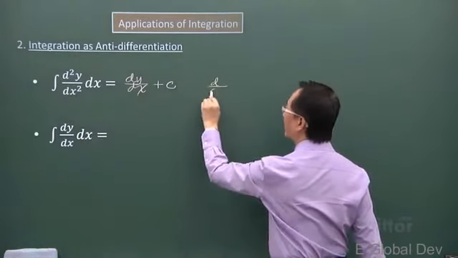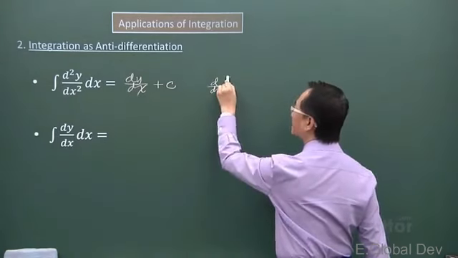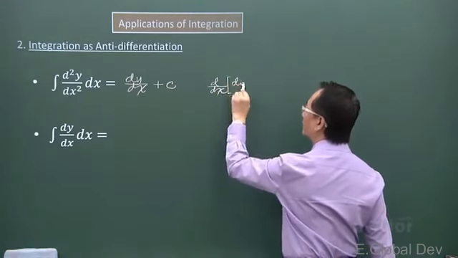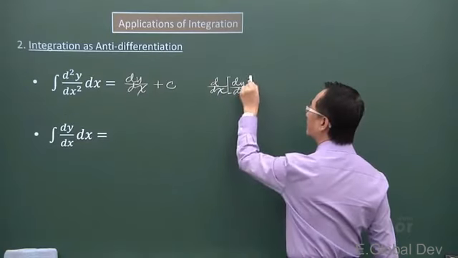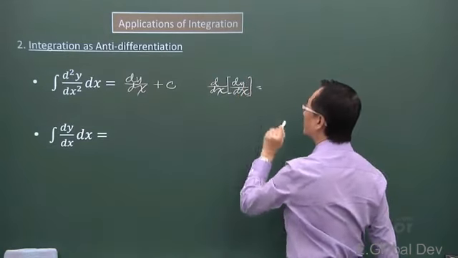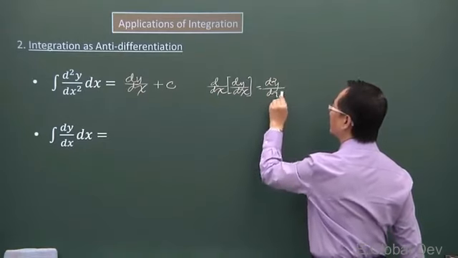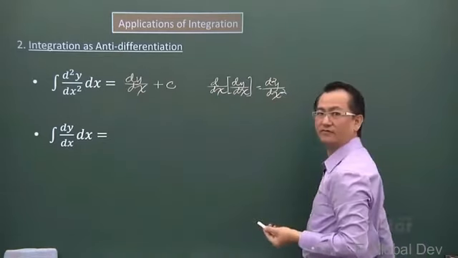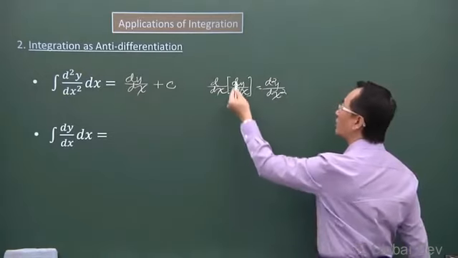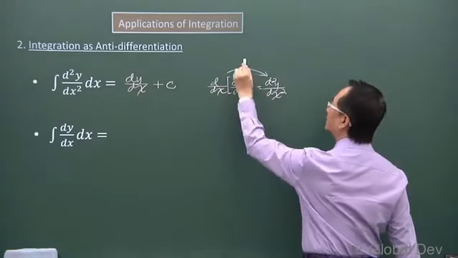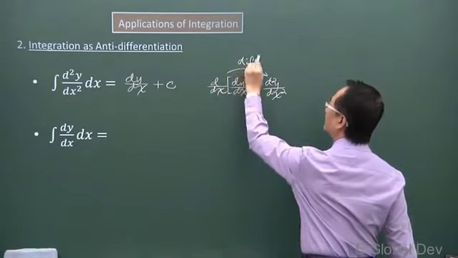If I just differentiate with respect to x of the first derivative, then I will get my second derivative. So that is differentiation.